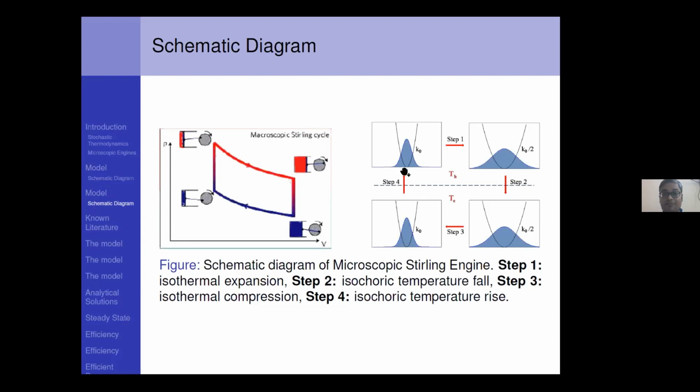And in the fourth step, the stiffness parameter is kept constant and temperature is increased from TC to TH. So that is the analogy between the macroscopic engine and the microscopic model that we are going to study. Let me mention here that we are going to study non-equilibrium processes. So these isothermal processes are not really isothermal. They will take place in some finite time.